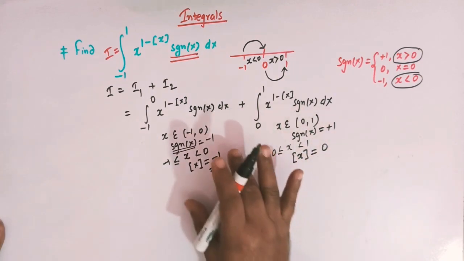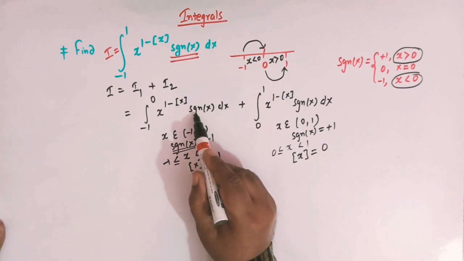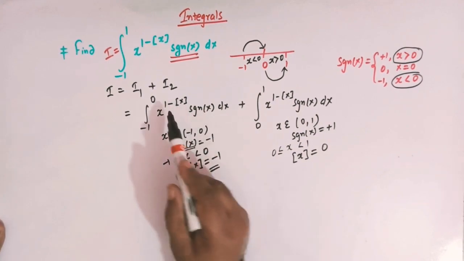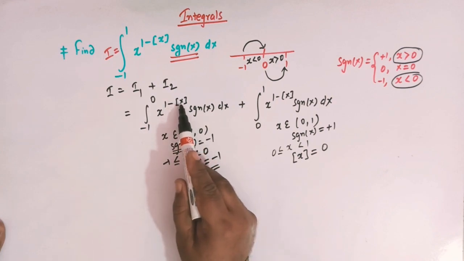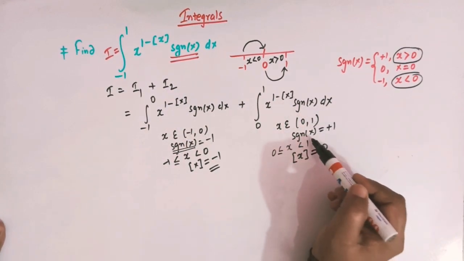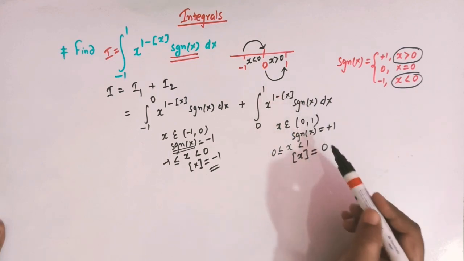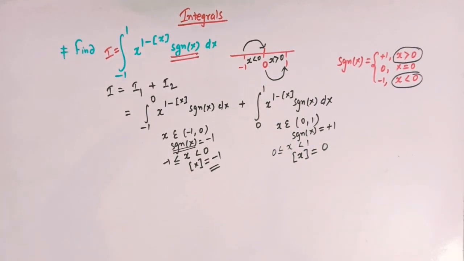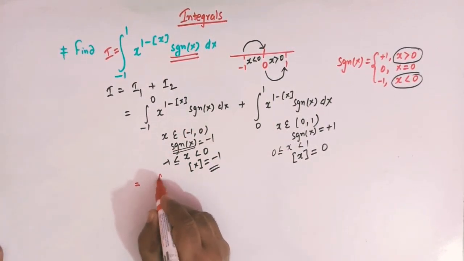Now we have this information, and we can substitute: in the first integral signum of x is -1 and greatest integer of x is -1, and in the second signum of x is +1 and greatest integer of x is 0. So let us write these two integrals.